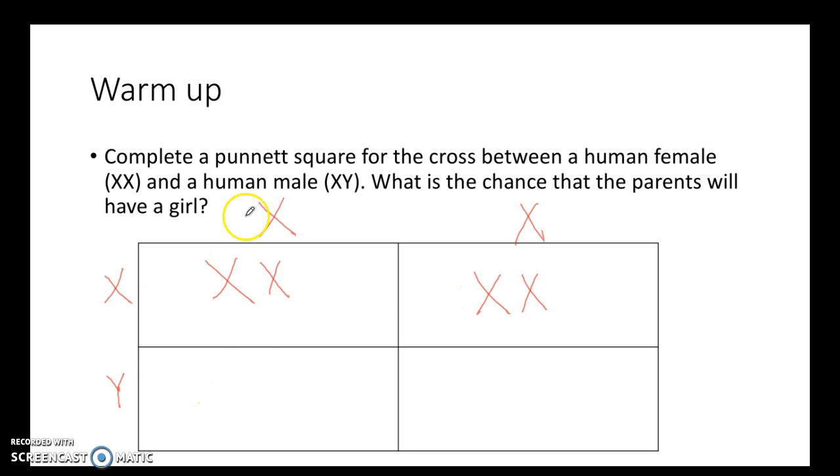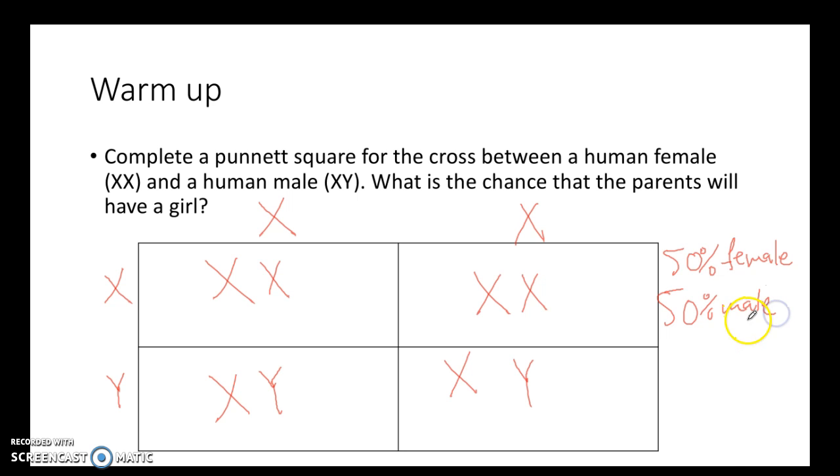X and X, X and X, and now you have the X and the Y, and the X and the Y. So really there is a 50% chance, or 2 squares out of the total of 4, of having a female, versus the other 50% chance, or again 2 out of 4, of having a male.